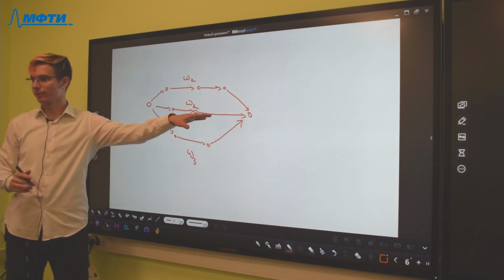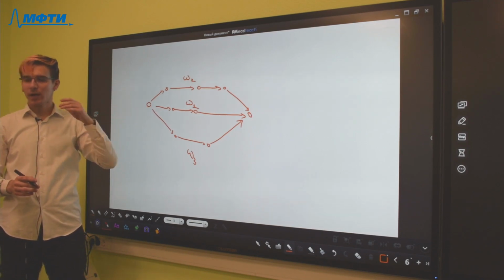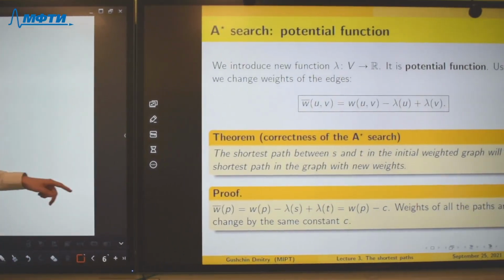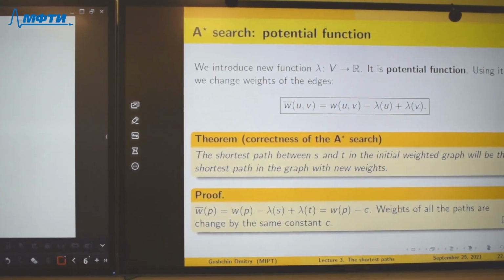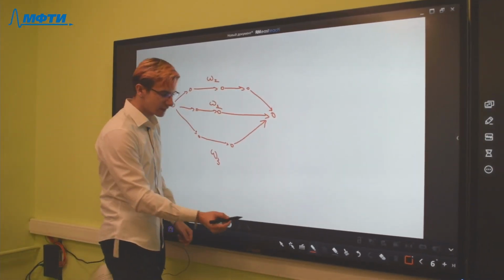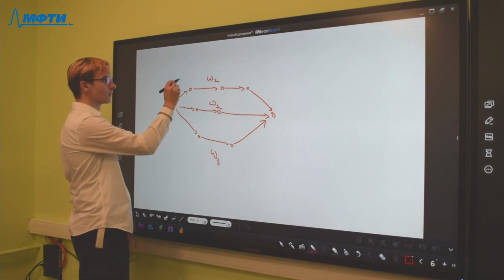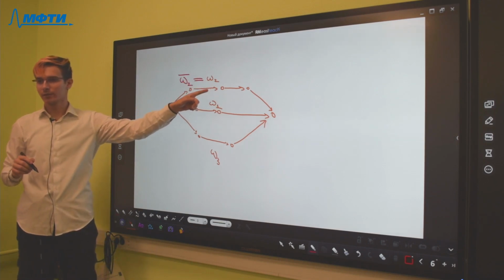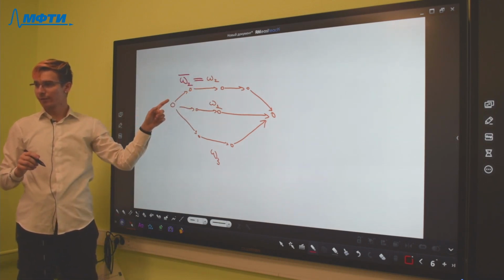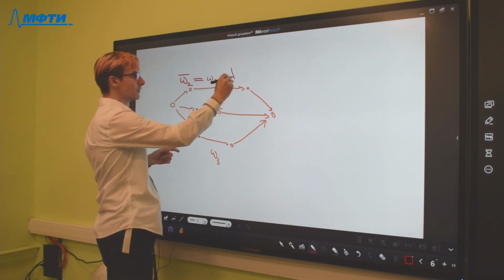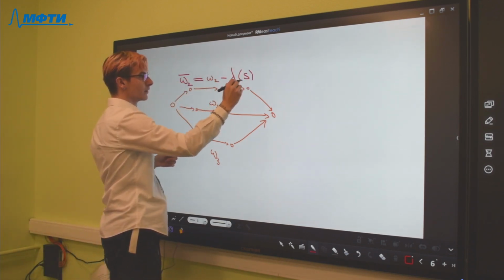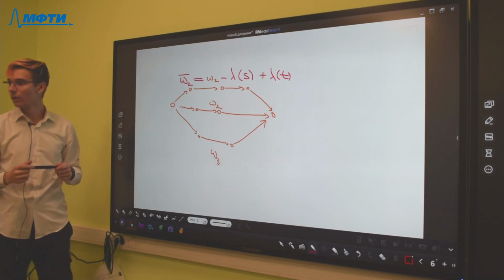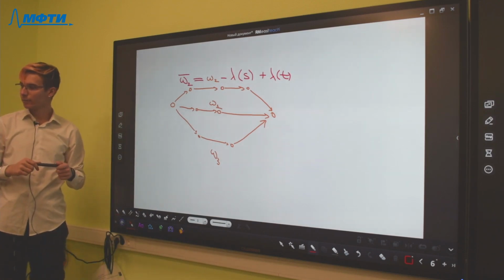It is the sum of weights on these edges. Then when we change the weights of the edges and sum the new weights, we can say that the new weight will be equal to the weight of this path in the initial graph minus the potential function of the source plus the potential function of the sink.